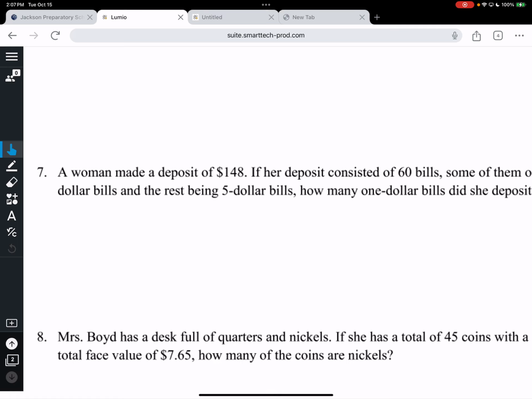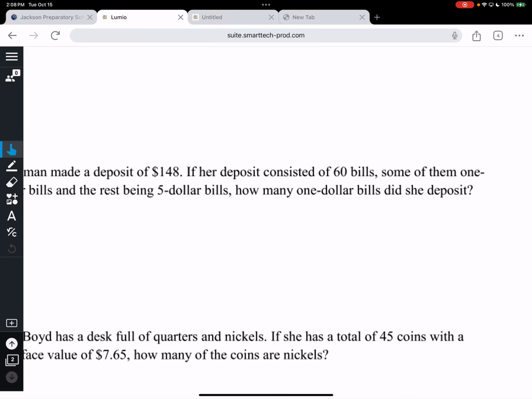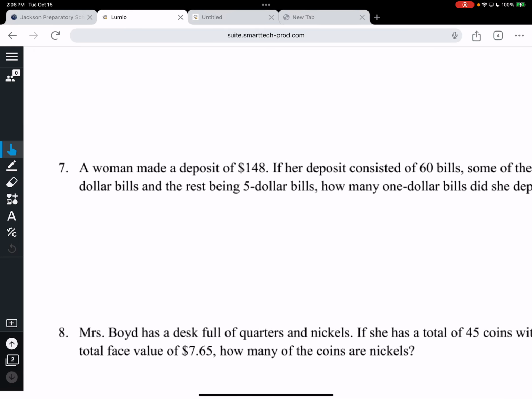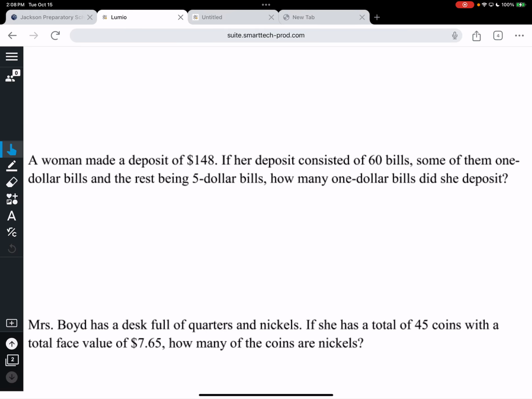So it's adding. If her deposit consisted of 60 bills, some of them $1 bills and the rest $5 bills, it's asking how many $1 bills did she deposit?